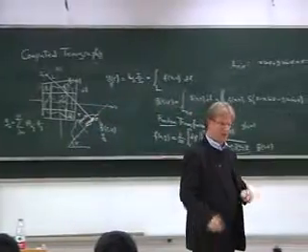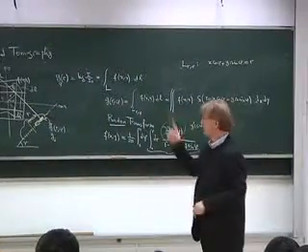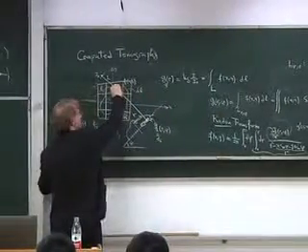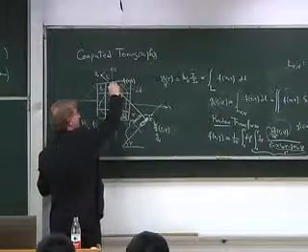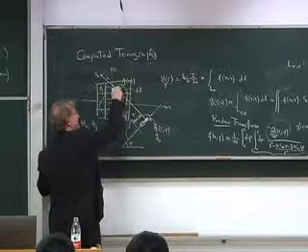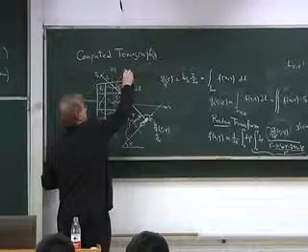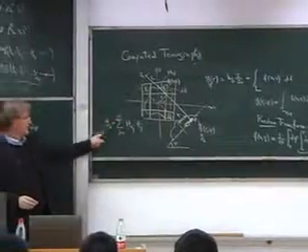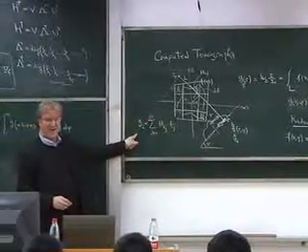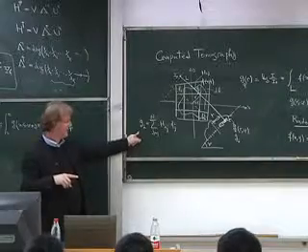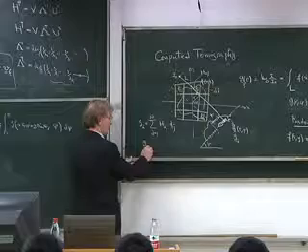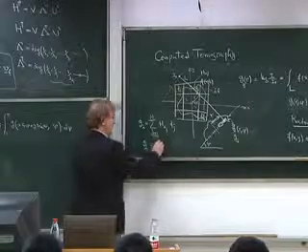If I note by Hij this length, we can discretize this equation in this form. And again, if you look at this equation, we can write it in the form of g equal to Hf.